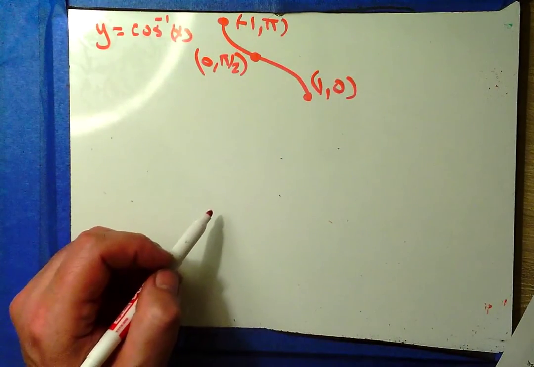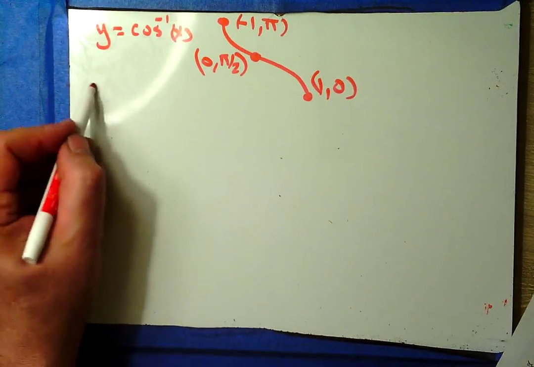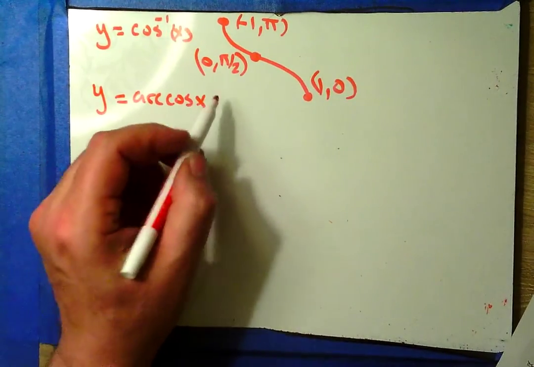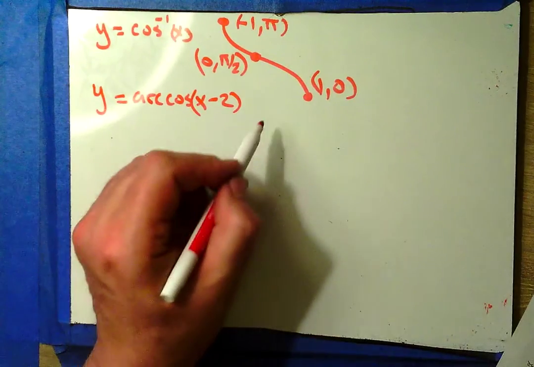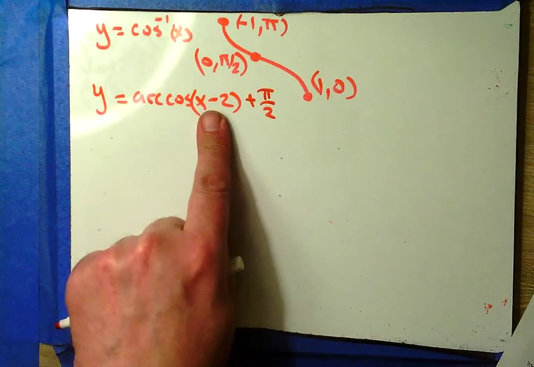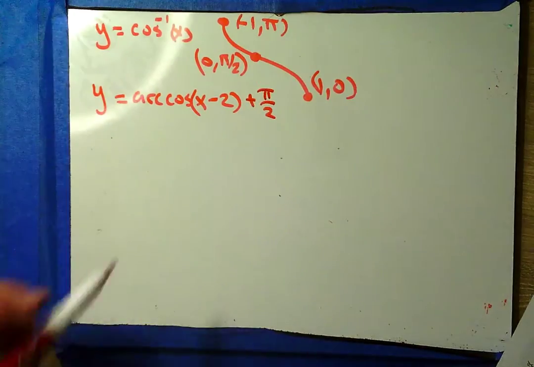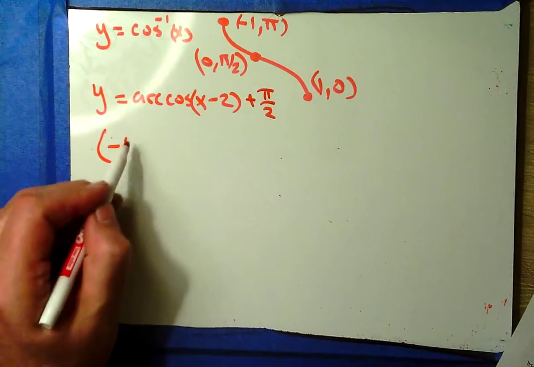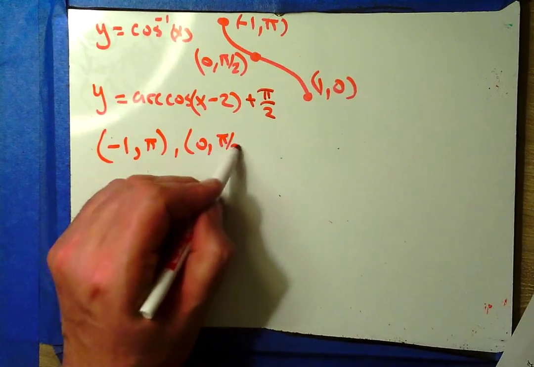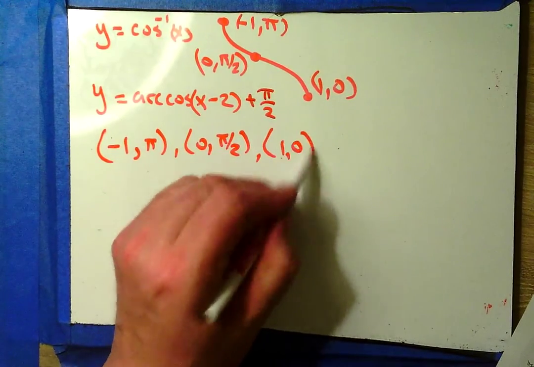So I'm going to start off with those reference points when I look at y equals arccosine of (x minus 2) plus pi over 2. I see one x transformation, I see one y transformation, and I'm going to apply those to these reference points: (0, pi over 2), (1, 0).